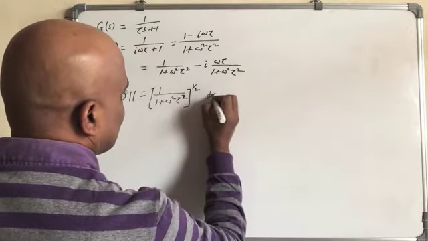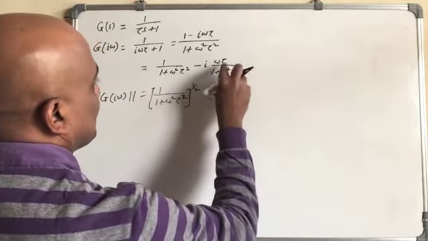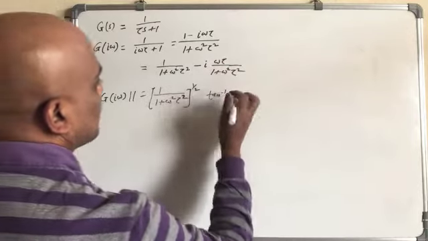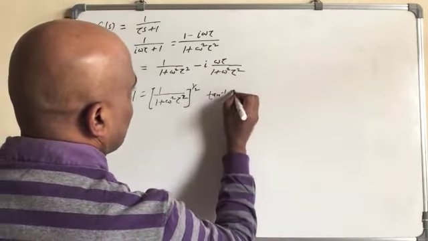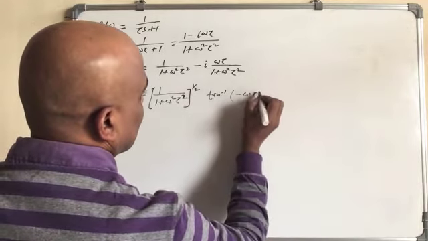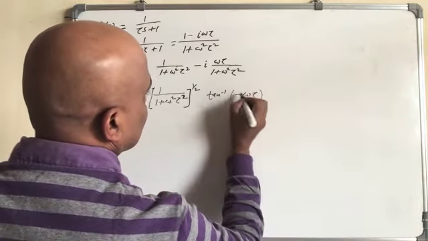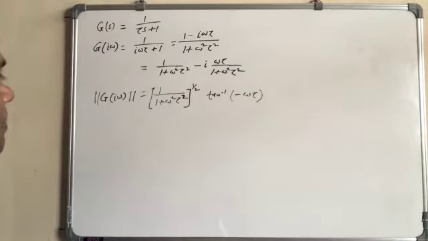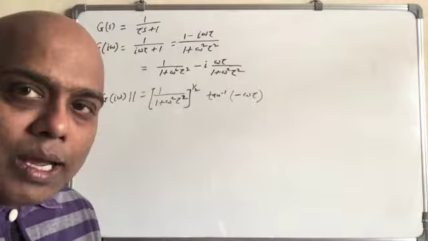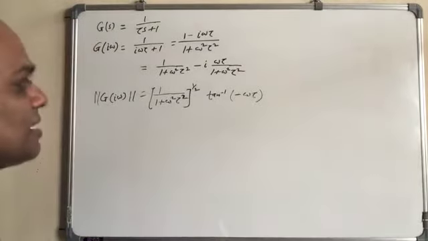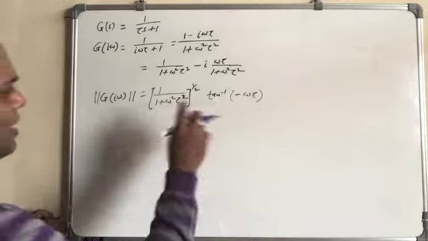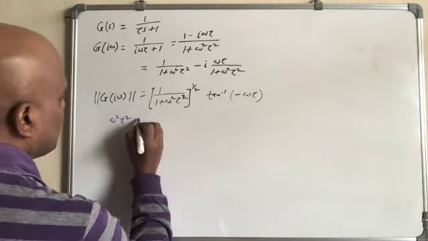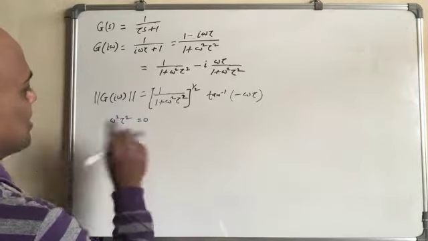is simply the tan inverse, of this divided by this, so tan inverse of minus ωτ. Now for different values, as we did in the Bode plot, we can find out like this. Let us say ω²τ² is equal to 0, which really means ω equal to 0.